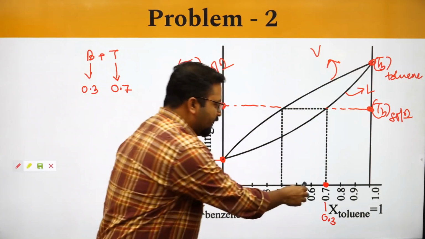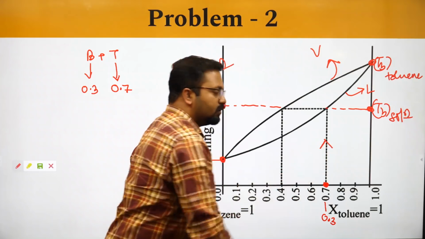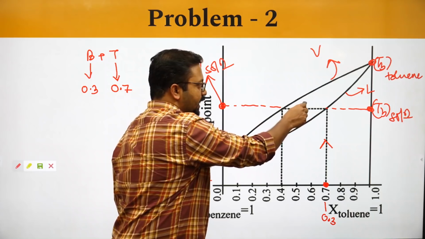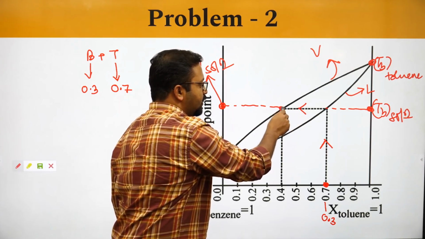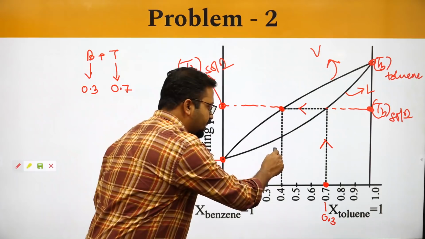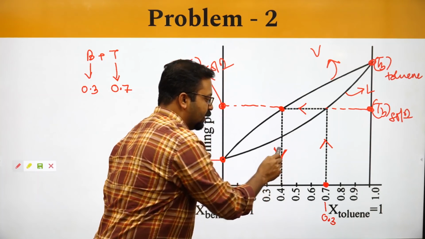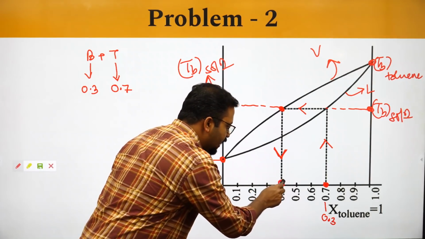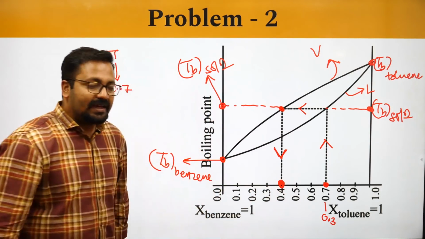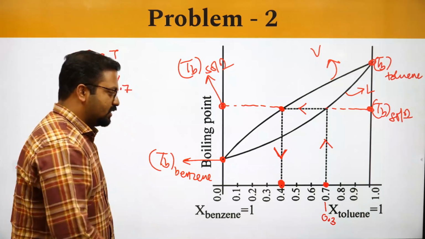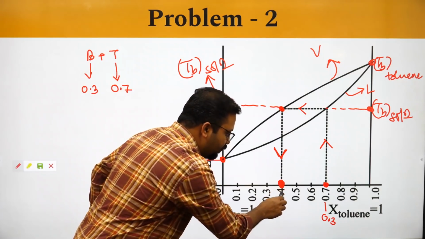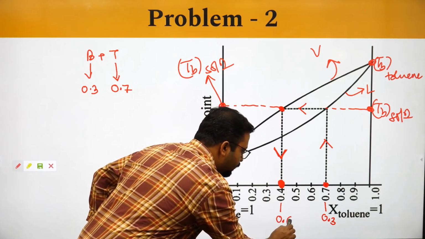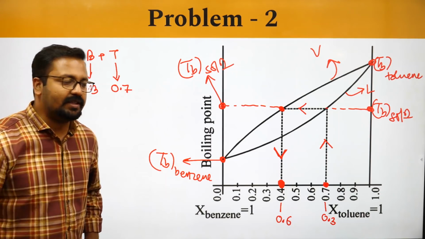That means if I boil this liquid, look at the arrow, it will create vapor, and उसको हमने ठंडा किया, condense कर दिया. When you condense the vapor, you will get a solution in which toluene will be 0.4 and benzene will be 0.6. Do you understand this?